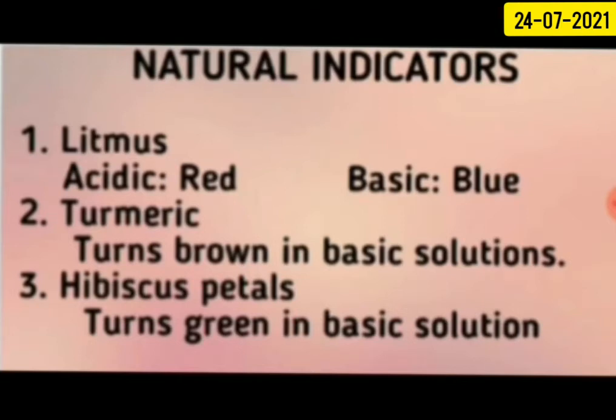In a normal condition, the litmus will be purple. In an acidic condition, the litmus will be red, and in a basic condition, it turns blue. We are very familiar with the litmus paper. There are two types of litmus paper: red litmus paper and blue litmus paper.